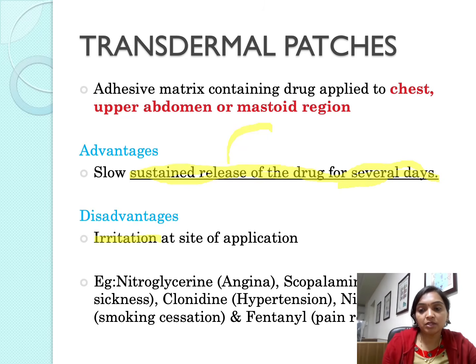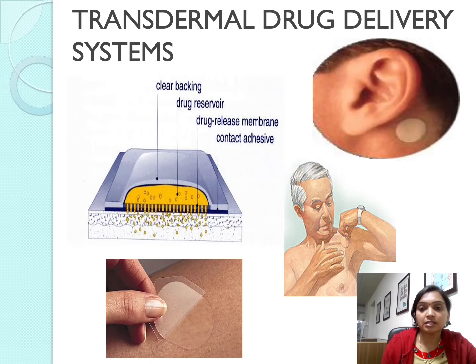A few examples we have, that is scopolamine, which is used for motion sickness. This is a scopolamine patch, and this is a nitroglycerin patch which is used in case of angina, NTG. This is also an important diagram which is showing different layers of the transdermal delivery system.